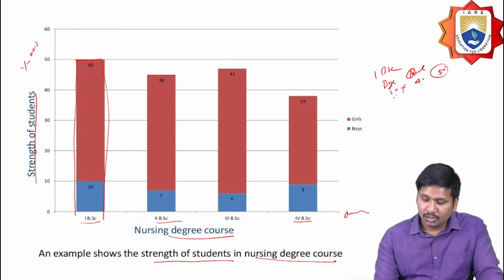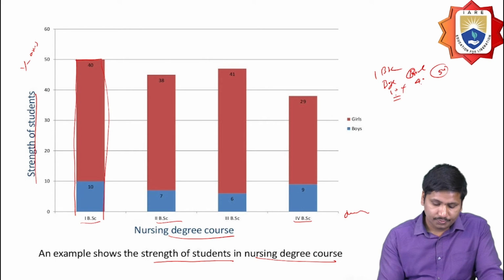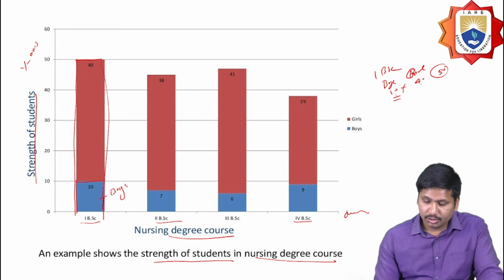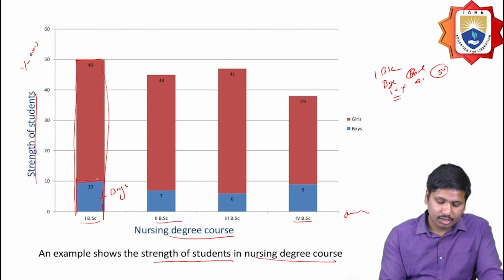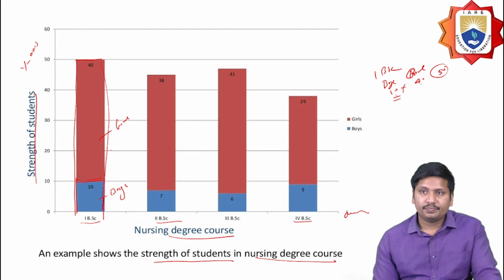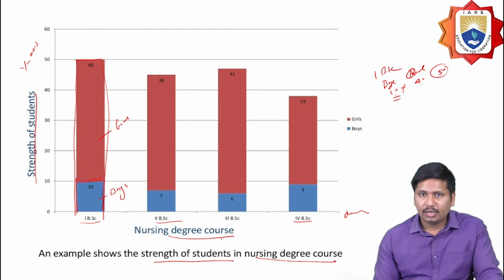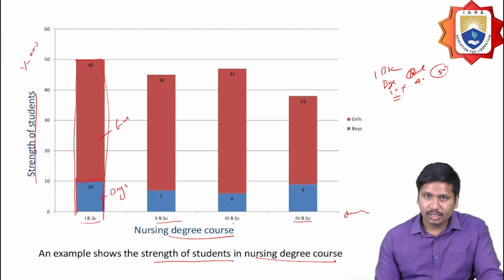Out of that, up to 10 I mark one color, which relates to boys, and the remaining 40 in a different color is girls. Like this, within the bar itself I can clearly specify the details.